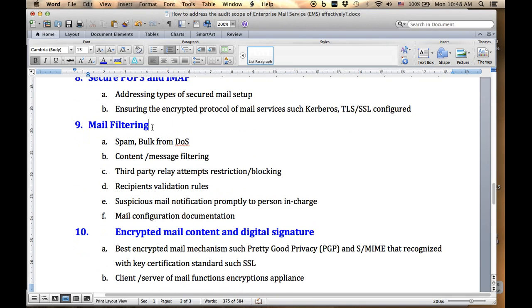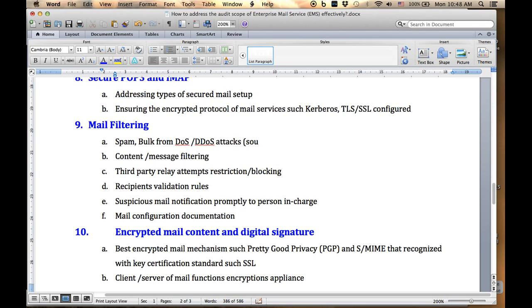So the next is mail filtering. So we need to filter by the rules that come from the policy and procedure requirements. What is the latest threat? We focus on spam and distributed denial of service attacks.